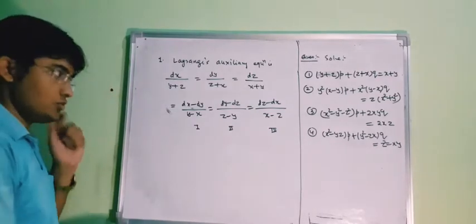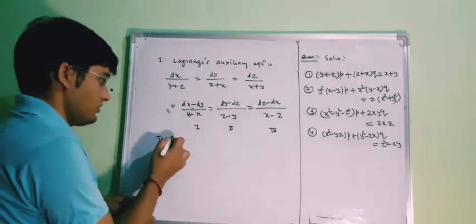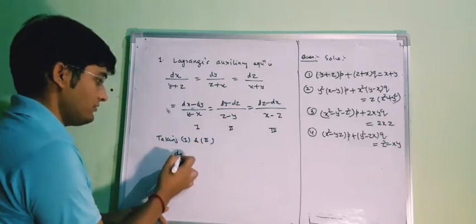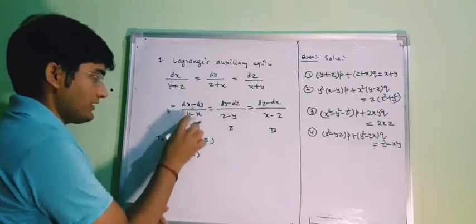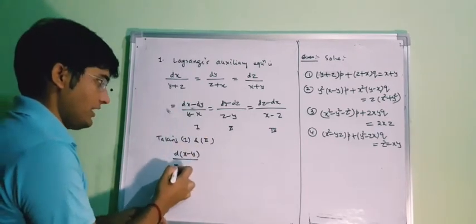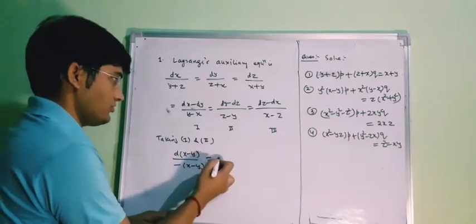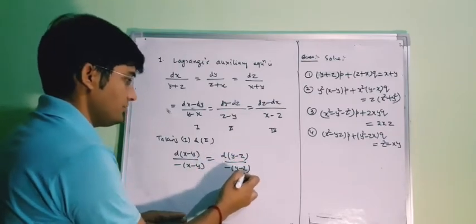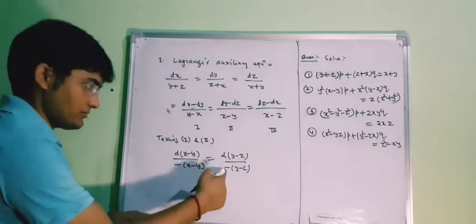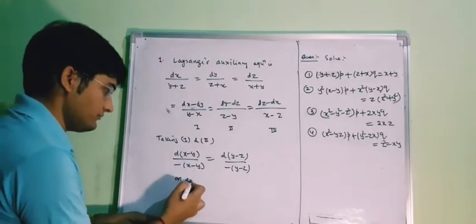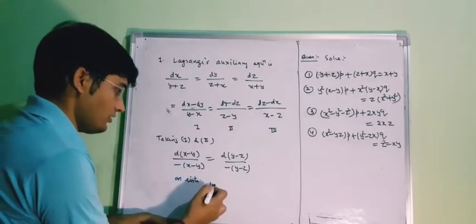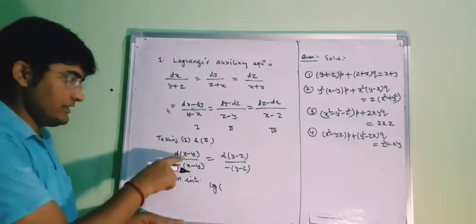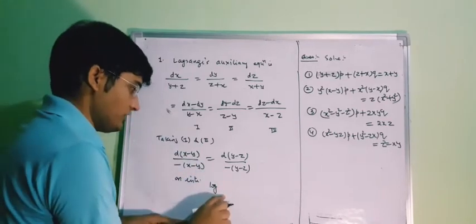So take 1 and 2. Taking first term and second term, we will get d of x minus y, and take minus sign common. So we will get d of y minus z upon y minus z. Now this minus is cancelled, so on integration we will get log. If you assume x minus y as t, then this is dt upon t, so dt upon t means log t.